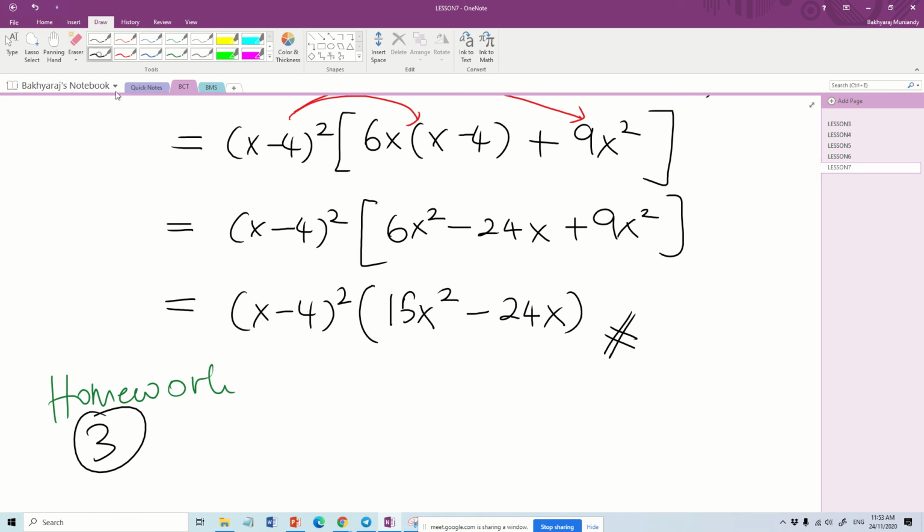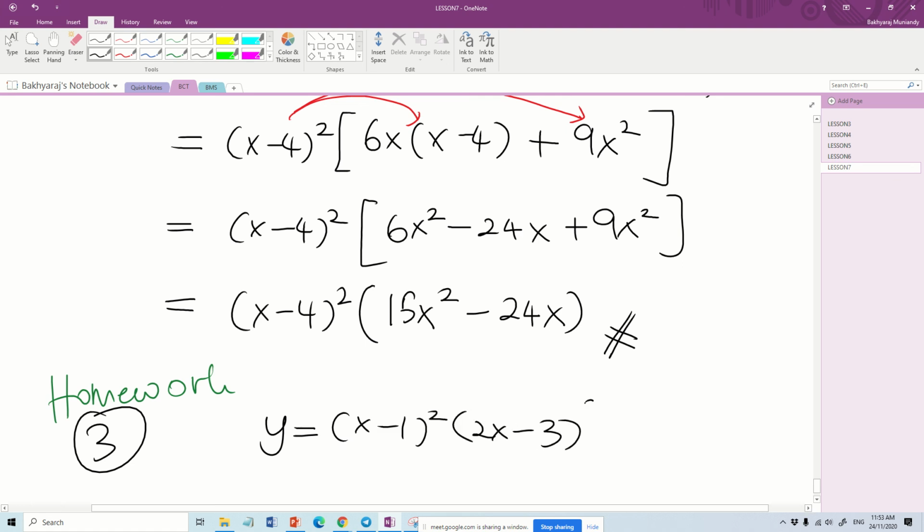Okay, so first question dia ialah y equals (x minus 1) square times (2x minus 3) power of 3. This is the question. Okay, (x minus 1) square (2x minus 3) power of 3. This is your homework. Cuba dulu. Nanti dalam pukul 2-3 saya bagi jawapan. Check the answers.